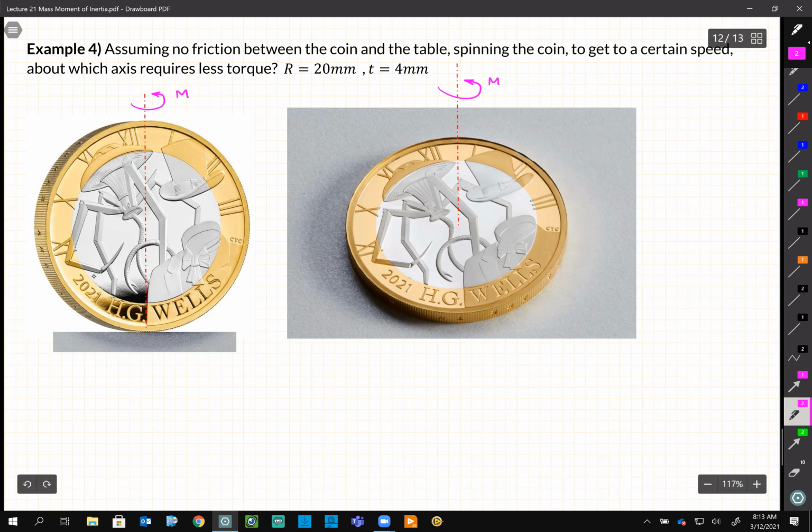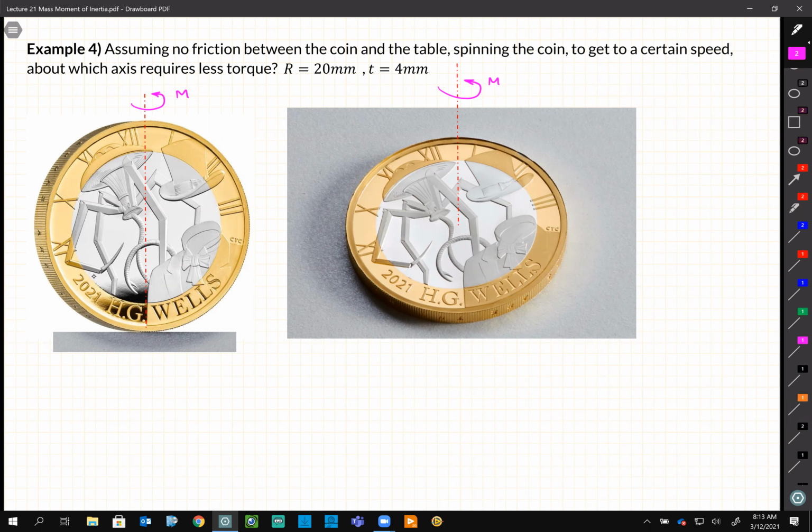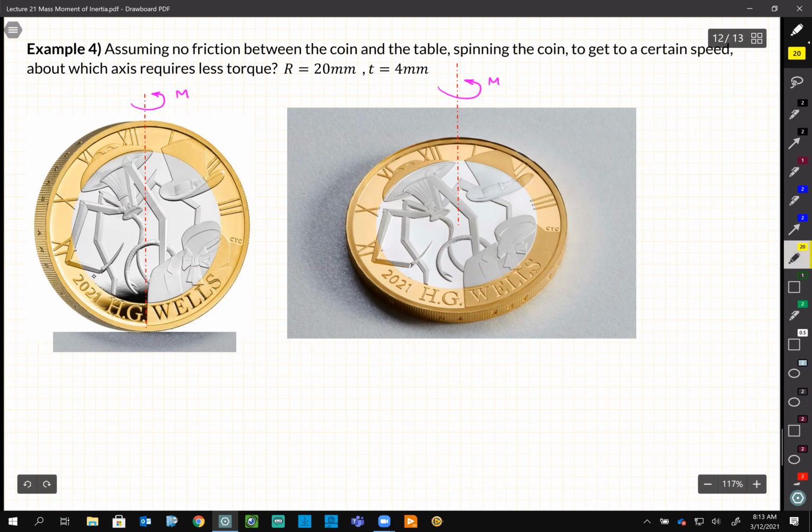What would be your guess? Which one requires less M, assuming that we want them to spin at the same speed? Or as the question says, we want them to get to a certain speed, it means we want them to have same alpha, right?